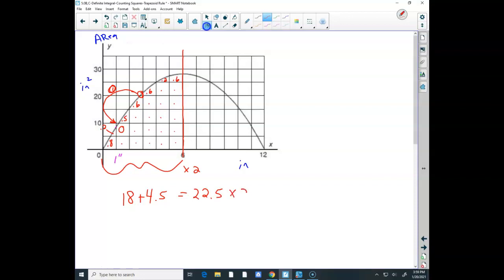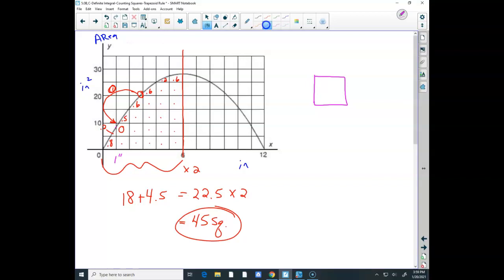So if I take that times 2, I'm going to come up with a total of 45 squares. Okay, so I have 45 squares of area. Well, if I'm estimating by squares, I also need to know how much each square represents.